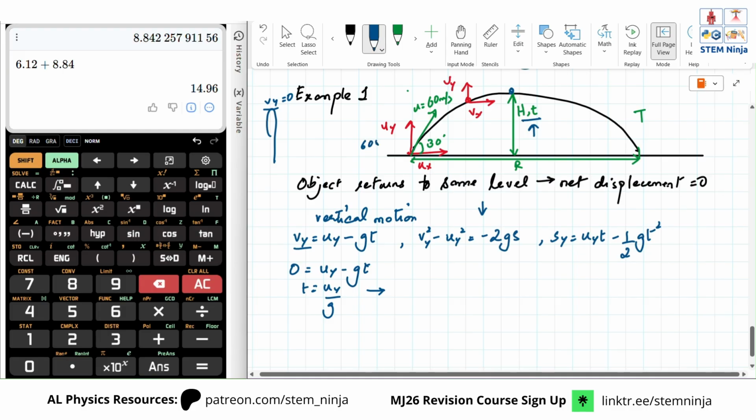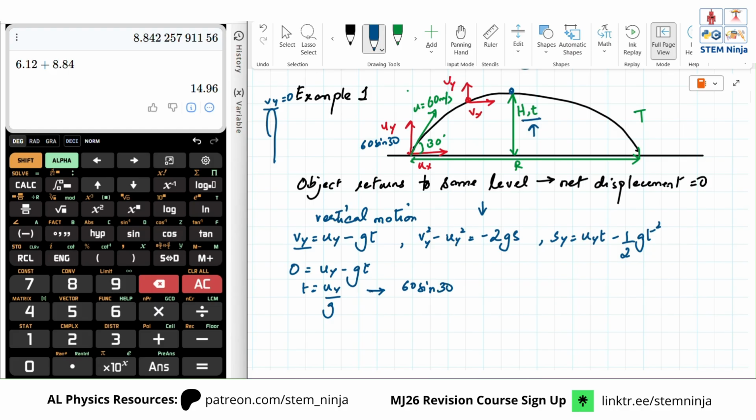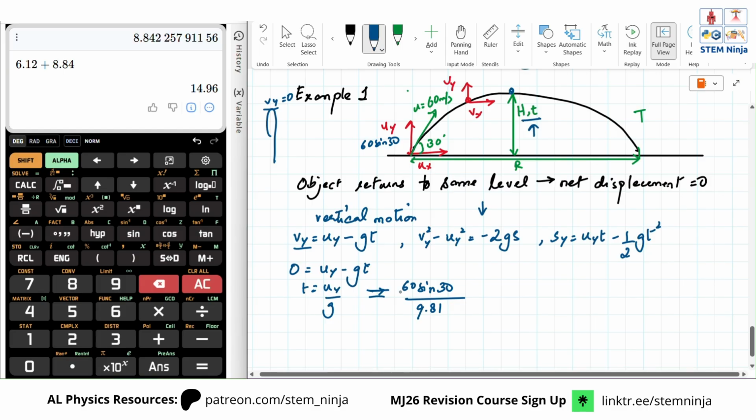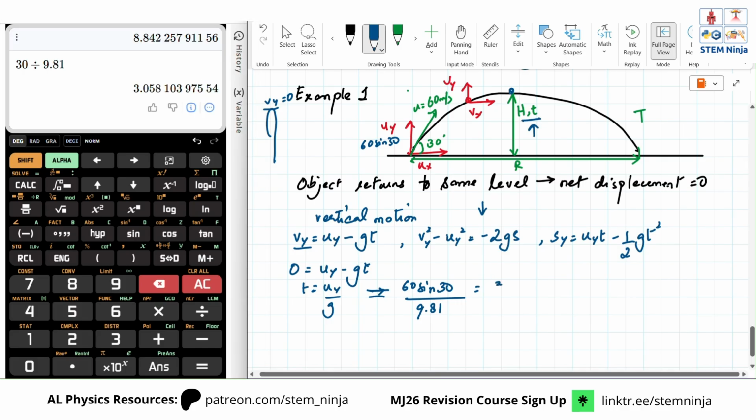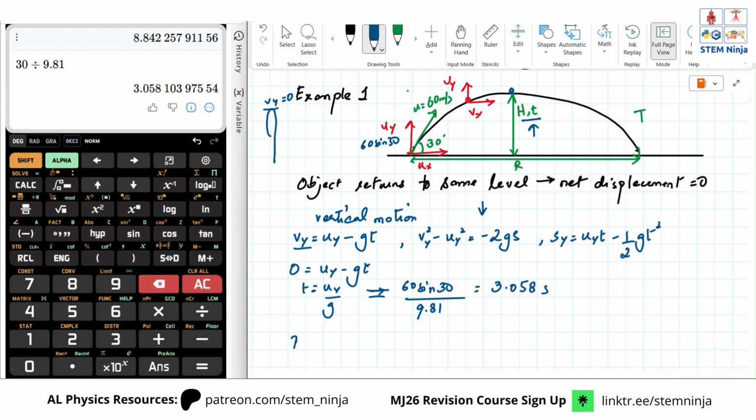This would be 60 sine of 30 divided by 9.81. 60 sine 30 is basically just 30 because sine 30 is half. 30 divided by 9.81, this would be 3.058 seconds.